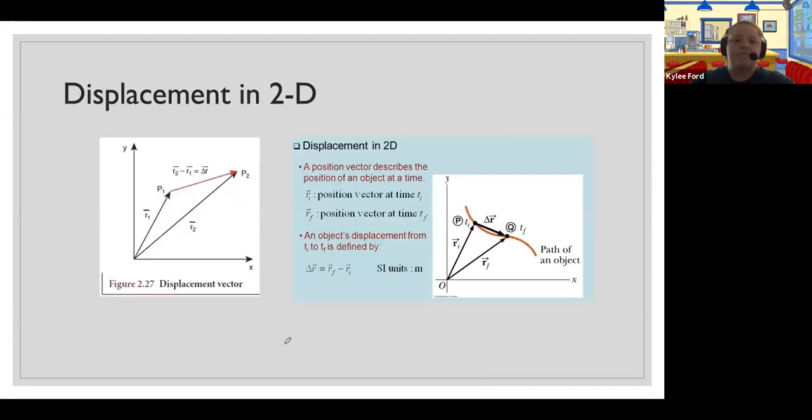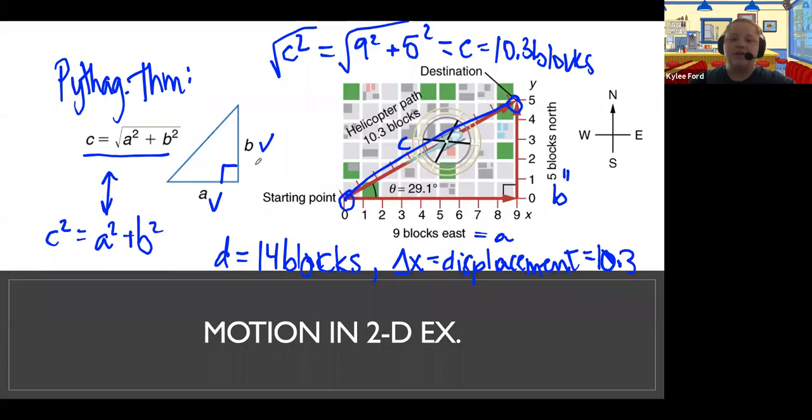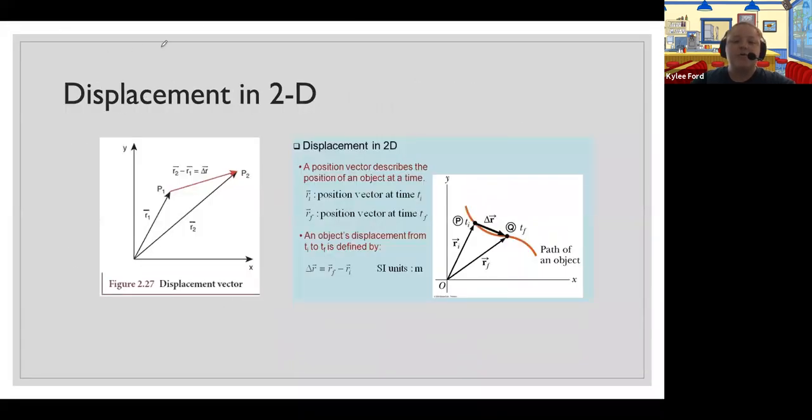I wanted to first remind you guys again of displacement in two dimensions. We just talked about that here with our helicopter. He's traveling some distance, which actually happens to be our displacement. Suppose we have two vectors, like in this diagram here, R1 and R2.